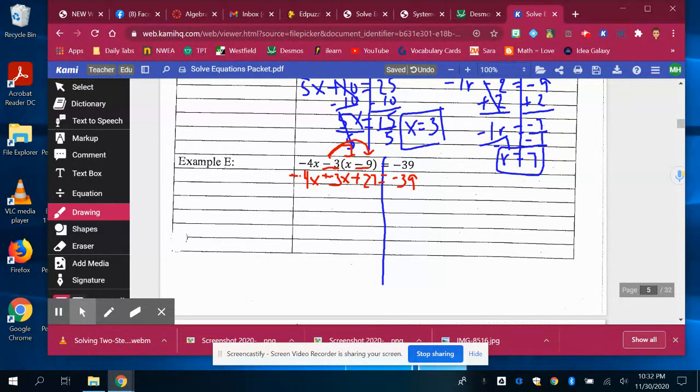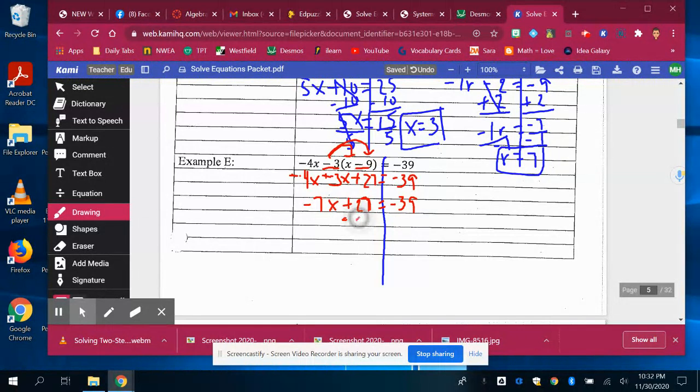Negative 4 minus 3 gives me a negative 7x. I'm going to bring down my plus 27, and my equals negative 39. After every single step you take, you should create a brand new equation. I should see a brand new equation after every step.